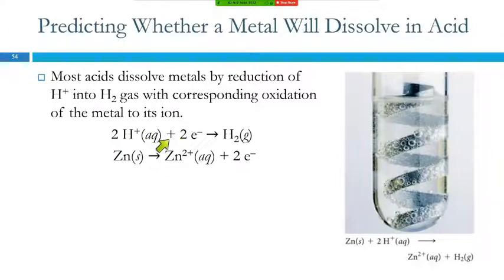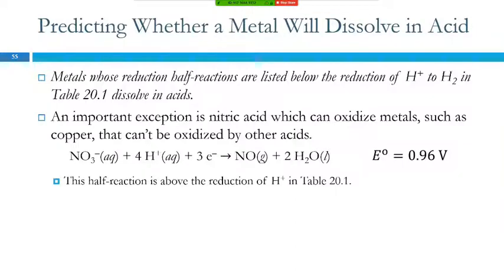So this is a reduction reaction. So the metal has to be below it in the chart in order for this to occur. So metals whose reduction half reactions are listed below the reduction of hydrogen ion to hydrogen gas will dissolve in acids.